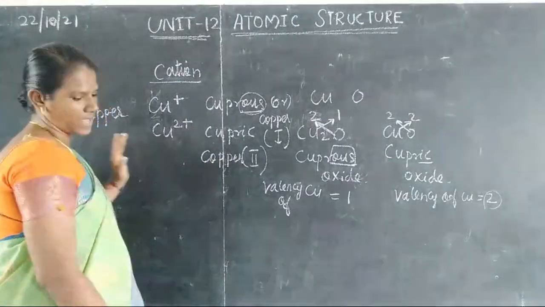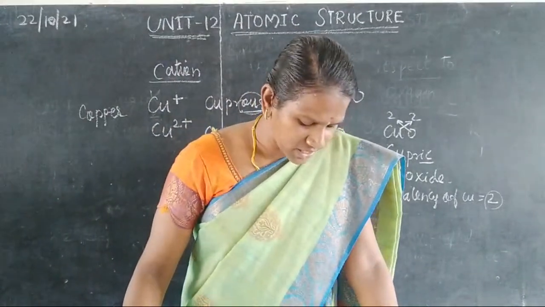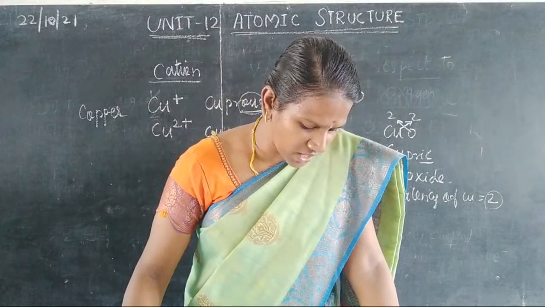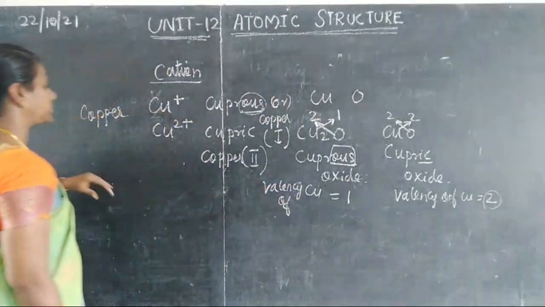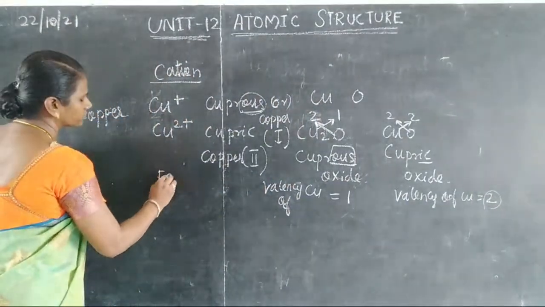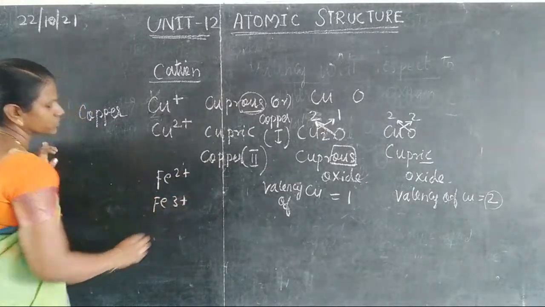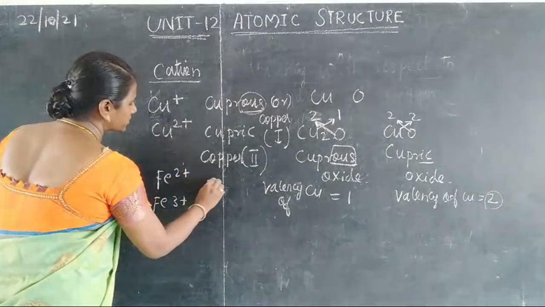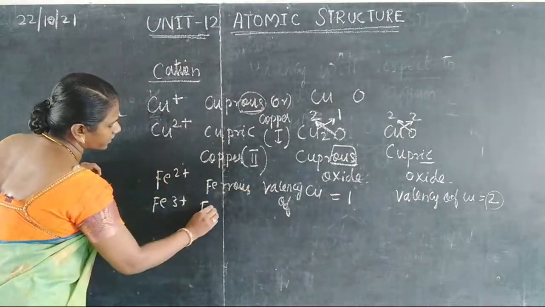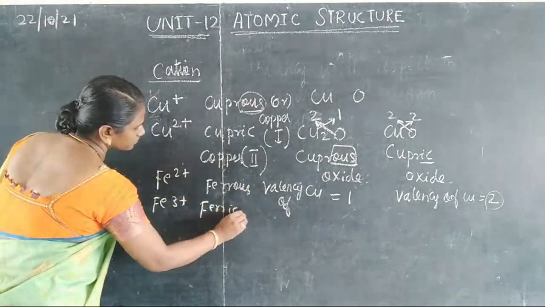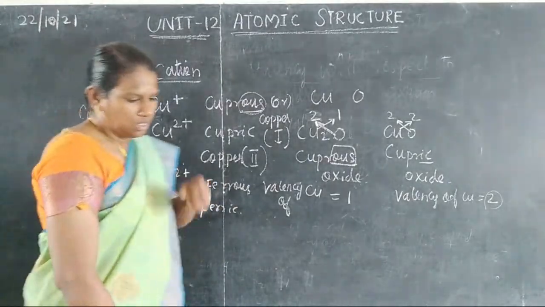Like that we have the iron, Fe2 plus and Fe3 plus. Iron Fe2 plus has a lower valency. Fe2 plus is called ferrous and Fe3 plus is called ferric.